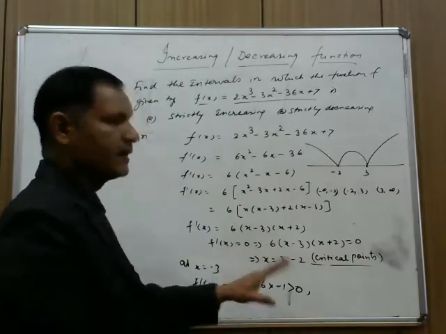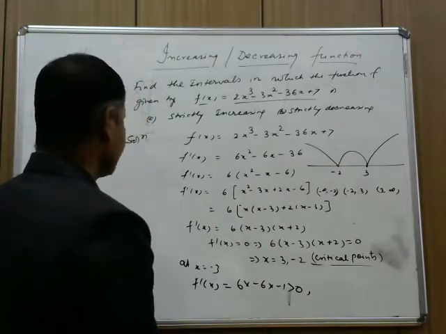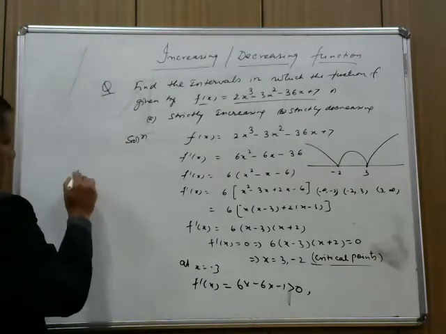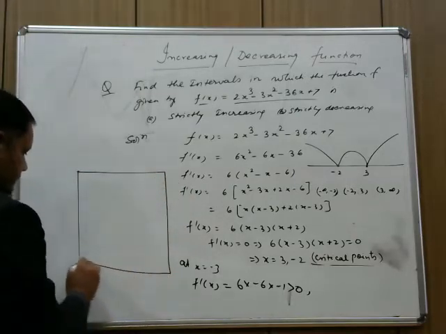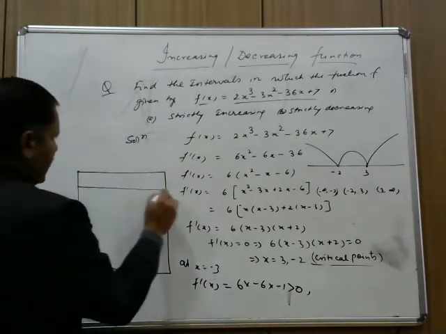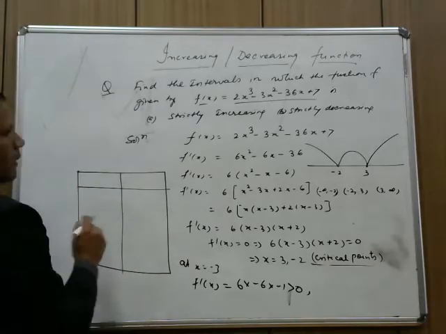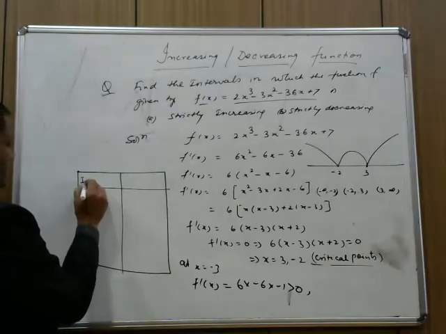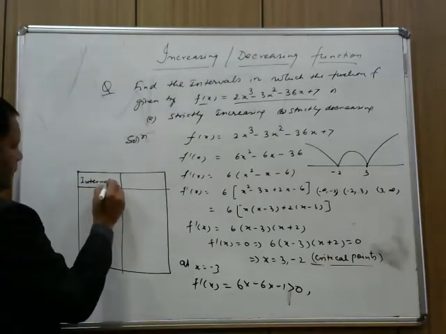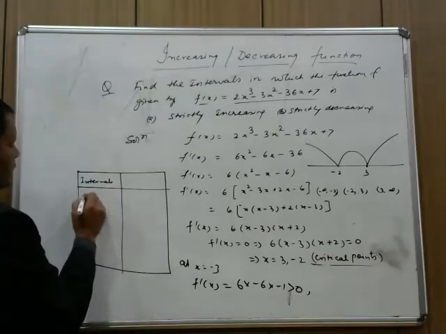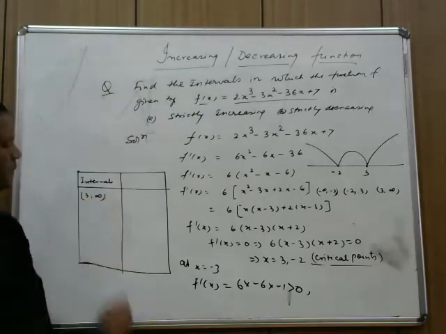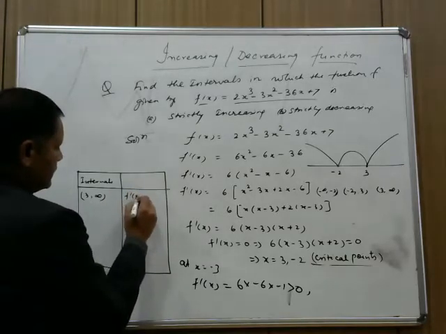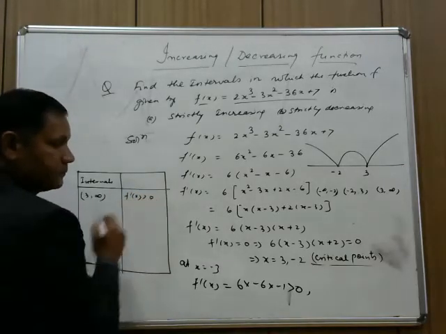This whole work which I have done, I can also summarize like this. We will make a table, right? We will write the intervals. Here the intervals we have: 3 to infinity. In between 3 to infinity, we have got that f dash of x is greater than 0.